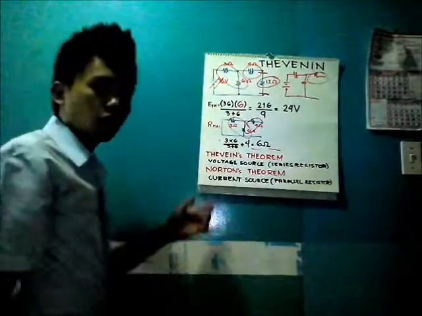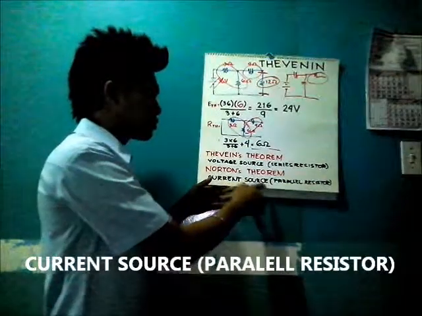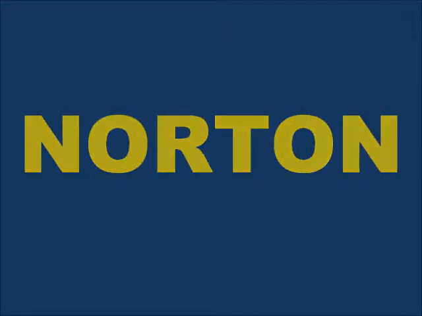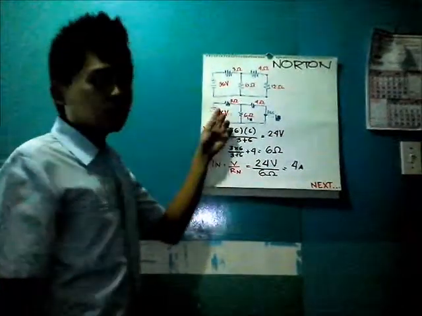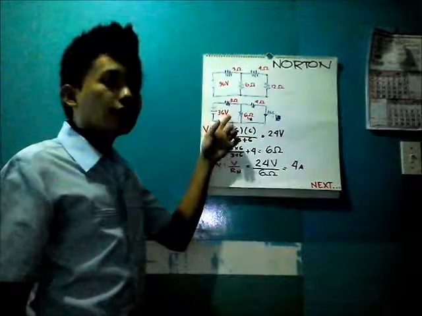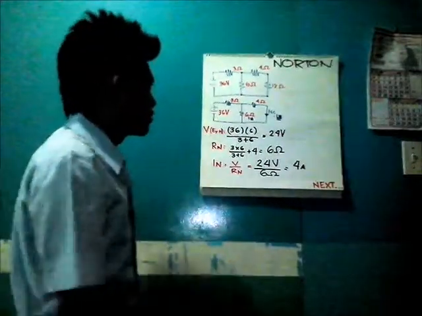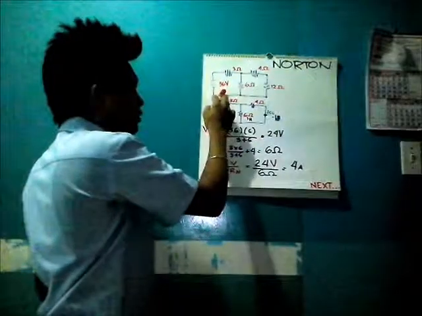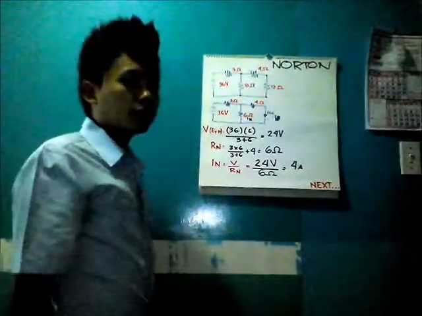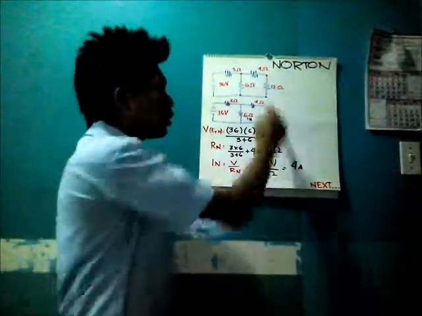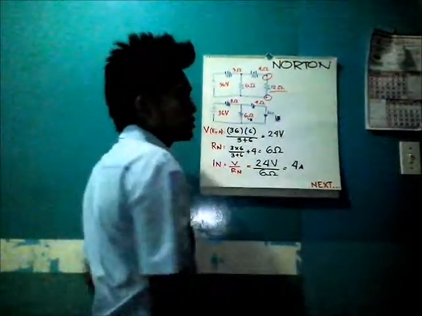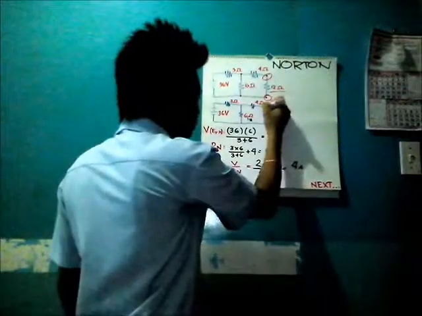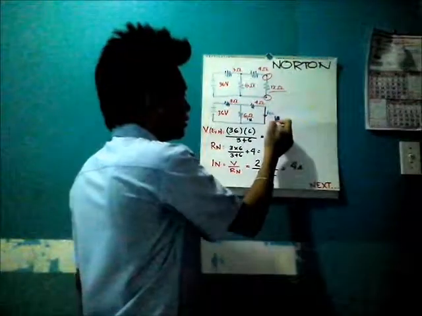On Norton, always remember that it is a current source with a parallel resistor. Norton. Here we have our previous example in the Thevenin's, which is 3, 4, 6, 12, and the 36 volts. But in Norton, instead of opening the node where your IL is, you will short your IL.